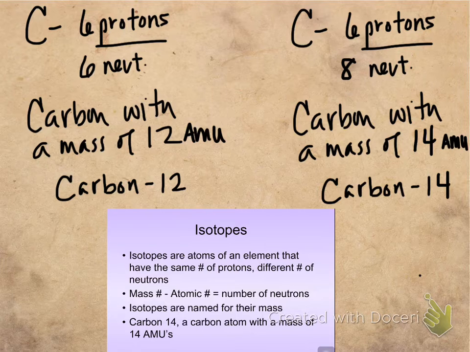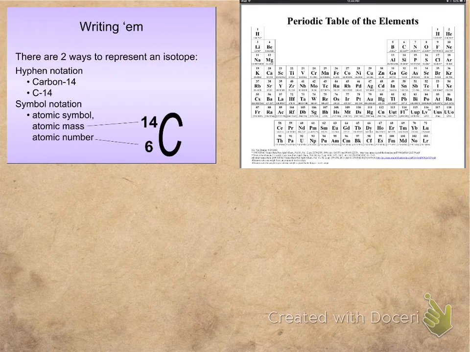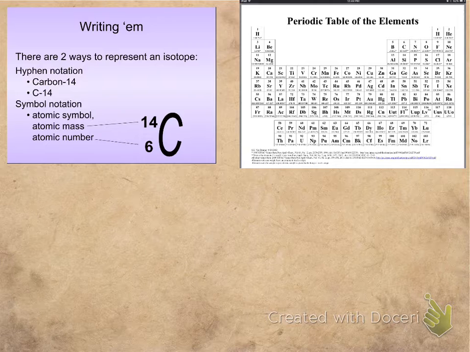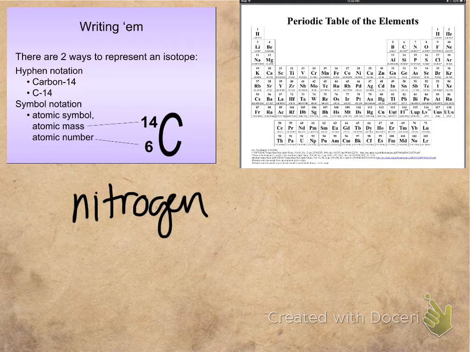Okay, pretty straightforward. Now, there are 2 common ways to represent a particular isotope of any element, and the first one we've actually just done here on the last page. That's hyphen notation. And we do hyphen notation 2 ways. One is by writing the full name of the element, such as nitrogen, followed by a hyphen with the mass in AMUs of the isotope after it.